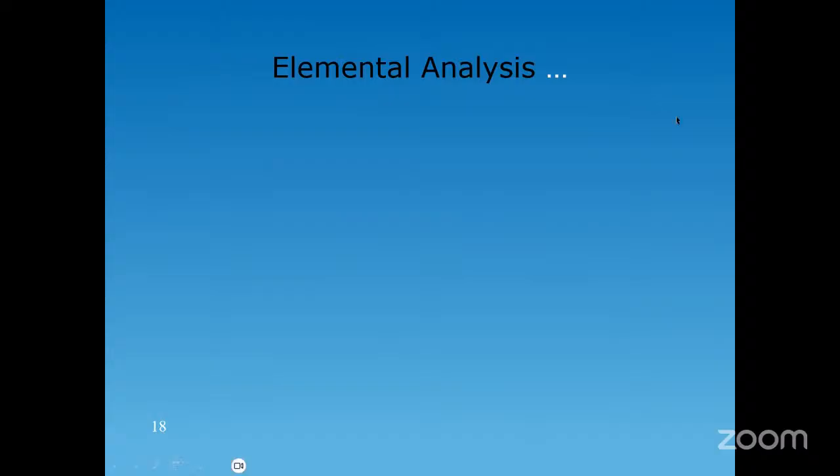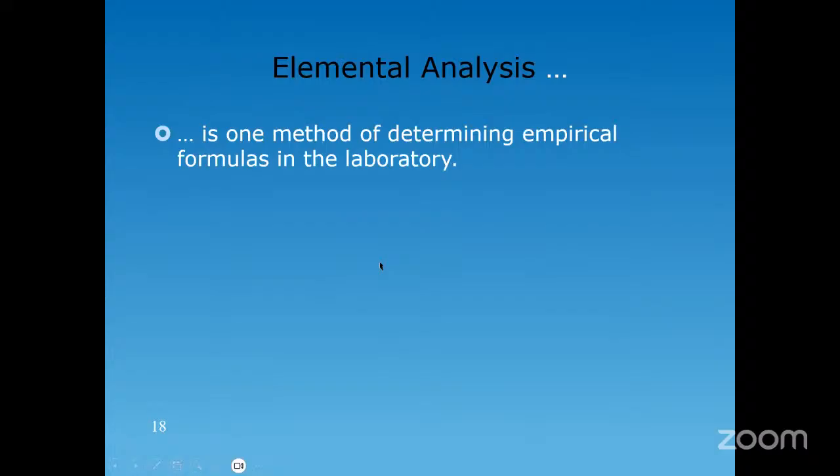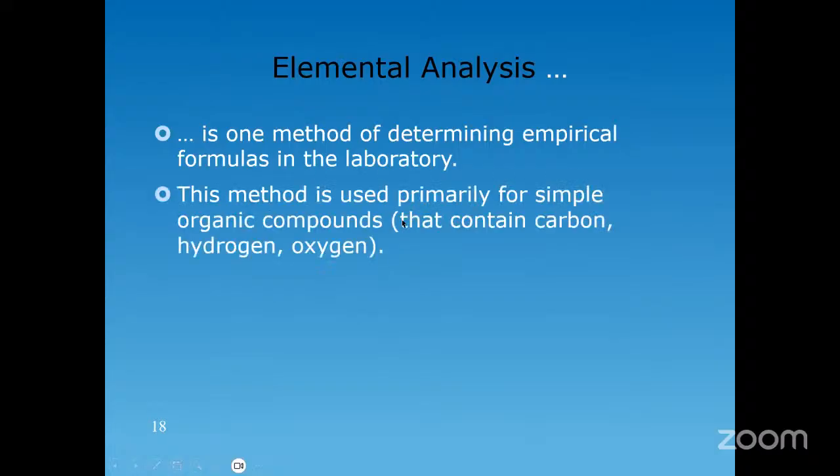How do we determine the percentage composition experimentally of organic compounds, right? Organic compounds are basically compounds of carbon, right? And these compounds will contain carbon, will also, in all cases, contain hydrogen, and in some cases will contain oxygen and other elements, right?